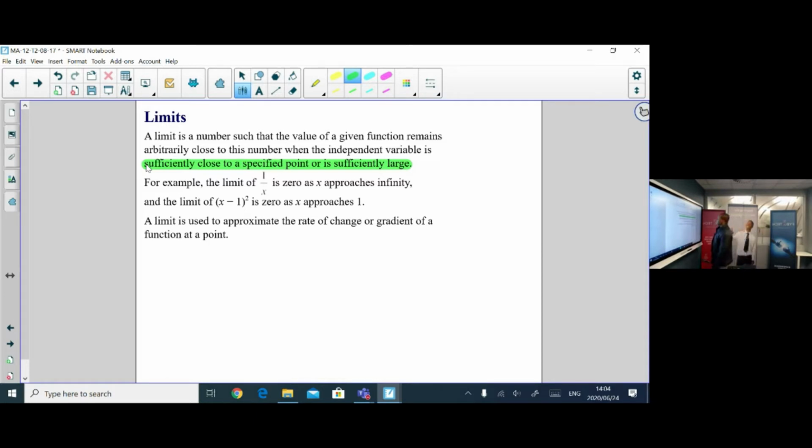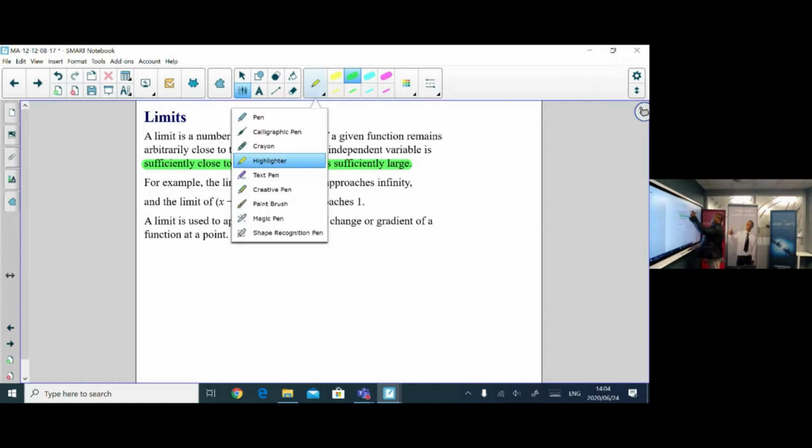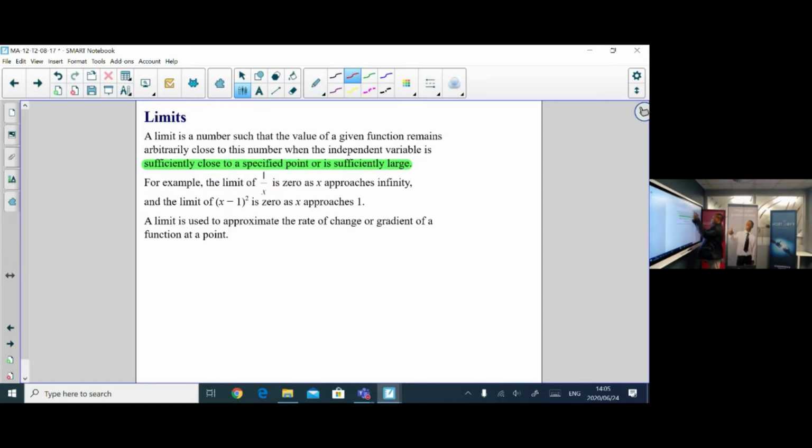Also consider the limit of (x minus 1) squared as x approaches 1. If you put 1 where there is x, that would give you 0. So by not putting 1 directly, but putting values that are close to 1, you see that this particular expression will approach 0.